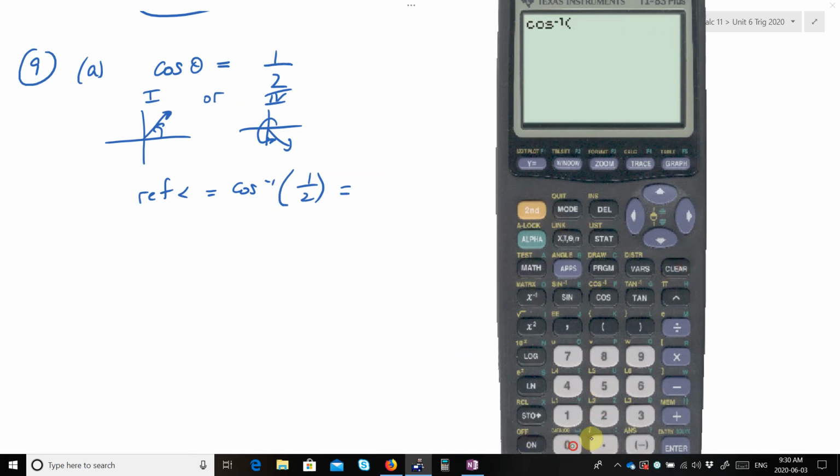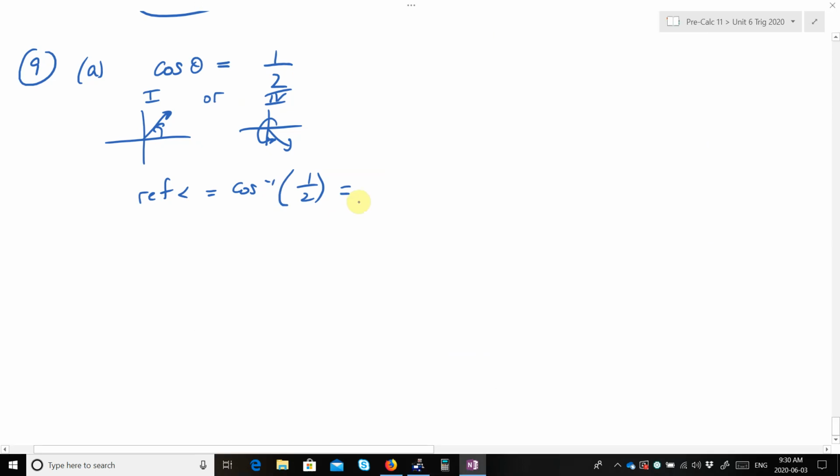If you go shift cos of 1/2, we get 60 degrees. So 60 degrees here, 60 degrees here. And so then our angles are 60 degrees in the first quadrant, and in the fourth quadrant, 300 degrees. And those two angles would give you a cos of 1/2.